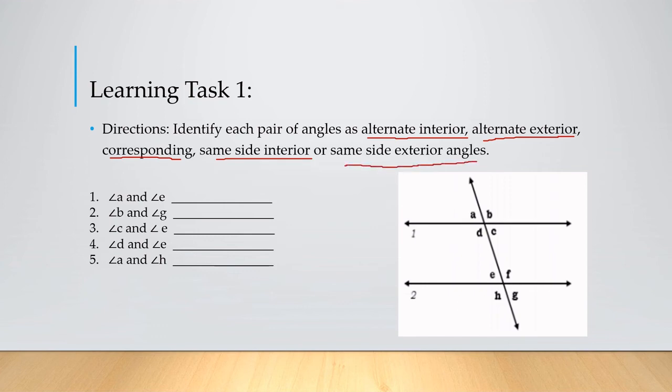So, number 1, angle A and angle E. Number 2, angle B and angle G. Number 3, angle C and angle E. Number 4, angle D and angle E. And number 5, angle A and angle H. So, try to identify using the figure.